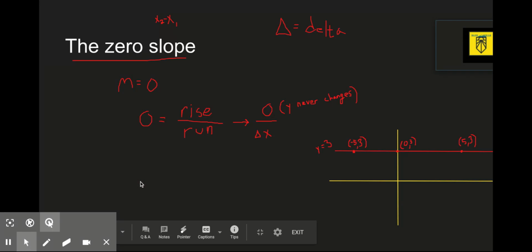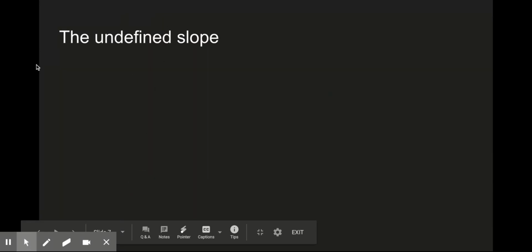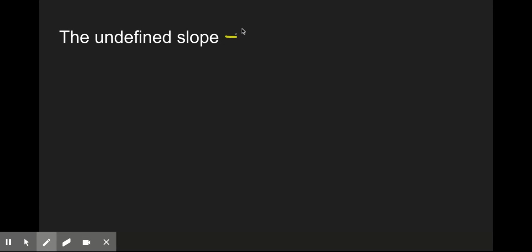So next is the undefined slope. Okay. So as you could guess, if we just went through the zero slope and said that it's horizontal, there'll be no surprise when I say the undefined slope is vertical. So zero slope is horizontal, undefined slope is vertical.